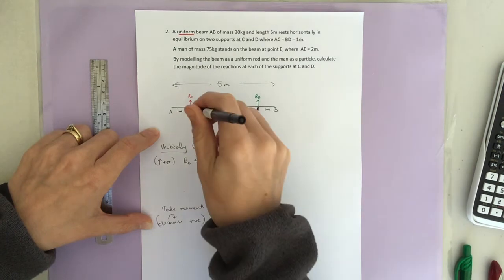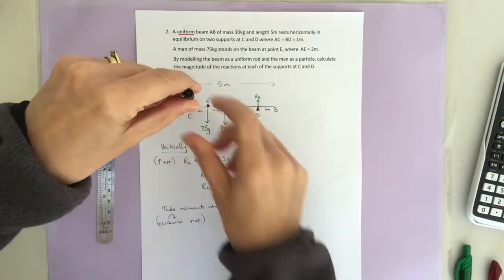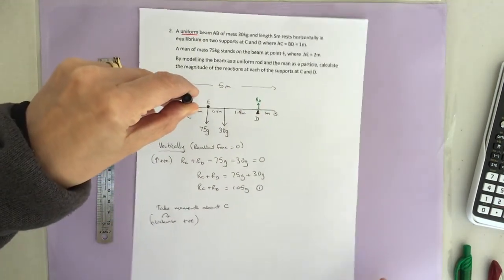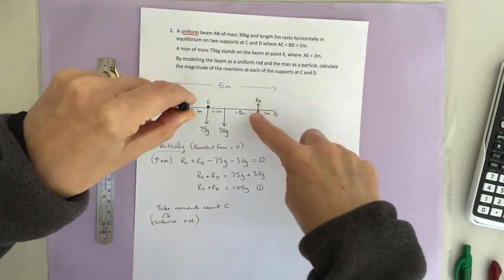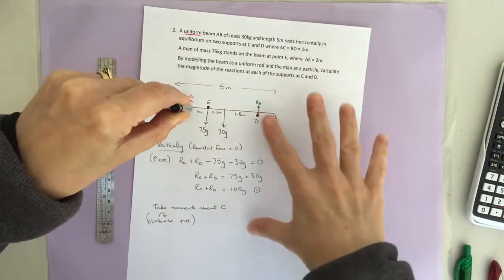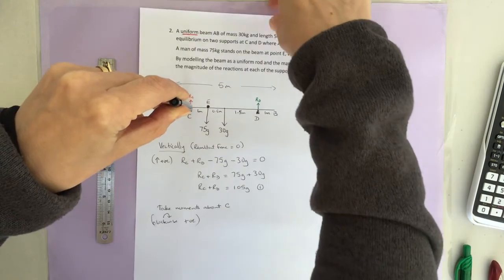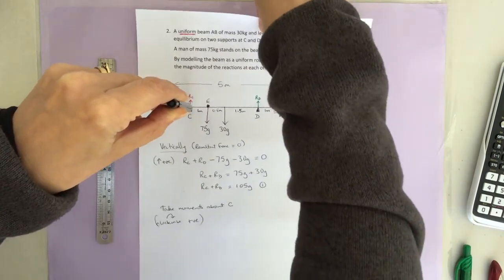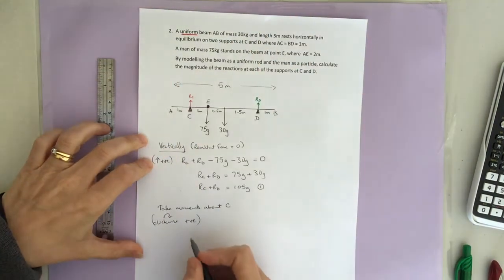So now let's have a look at C clockwise. This 75g and the 30g are both pulling downwards, so they're going to go clockwise, but this reaction at D is tending the other way, so that's going to be anti-clockwise.